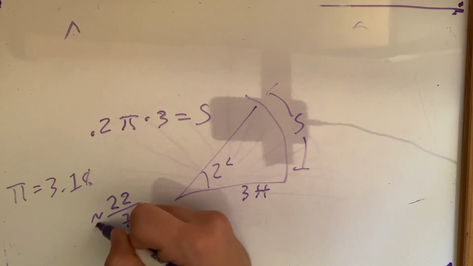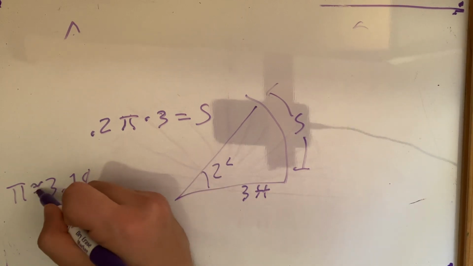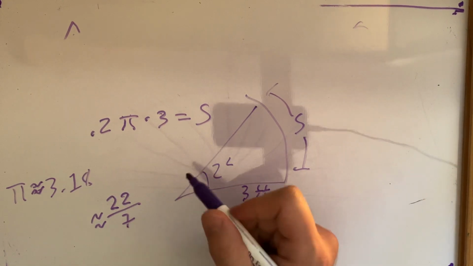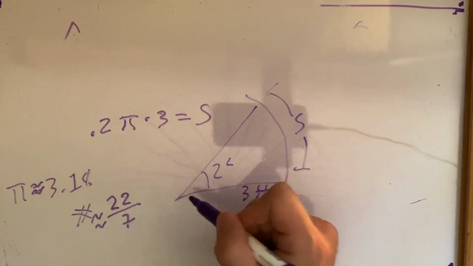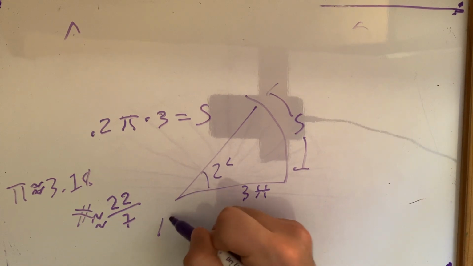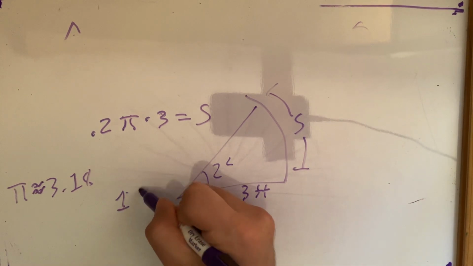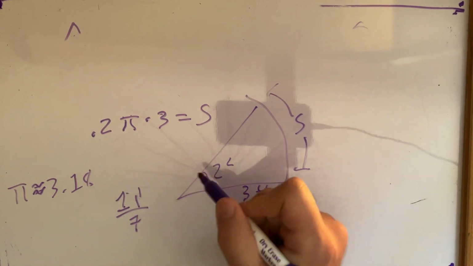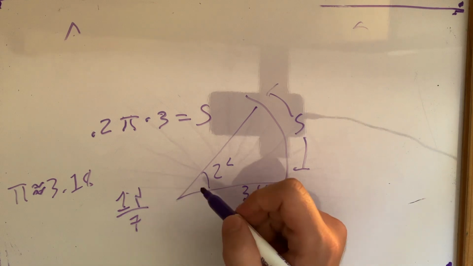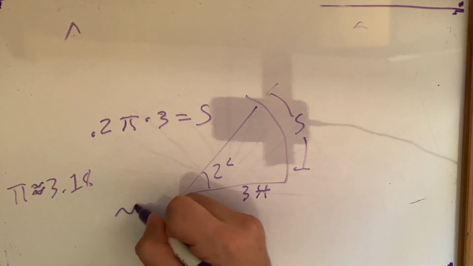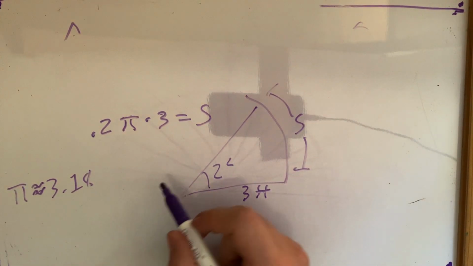That's base 10. In base 12, it becomes 10 over 7, I believe. Approximately.